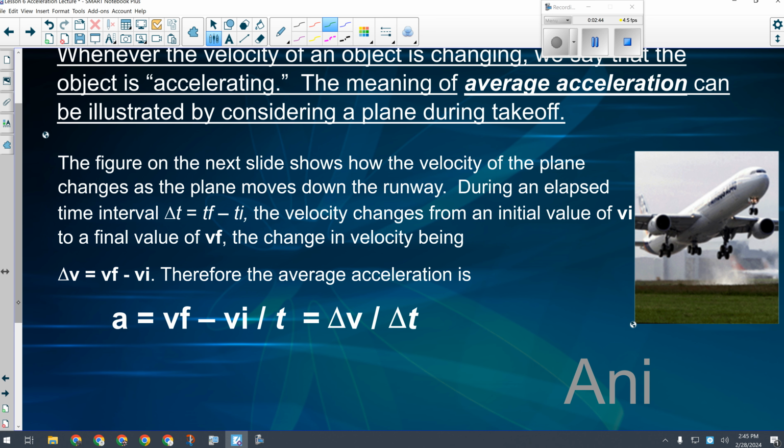Uniform acceleration means that if I drew a velocity versus time graph, the object would go like this or like this. Either way, the line would be linear. That's uniform acceleration. The object's velocity changes by the same amount every second. Everyone okay with that?